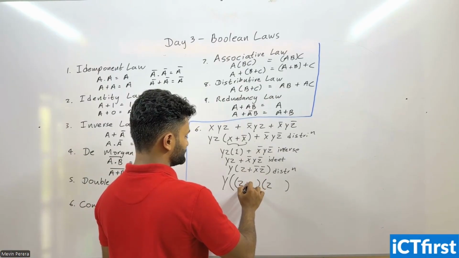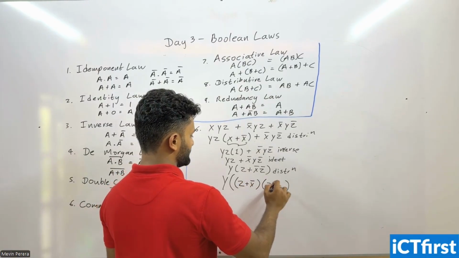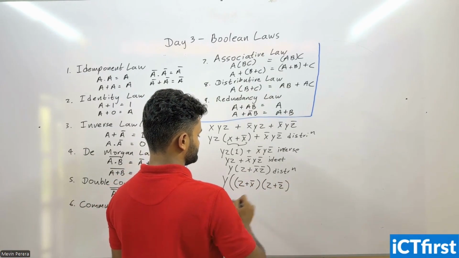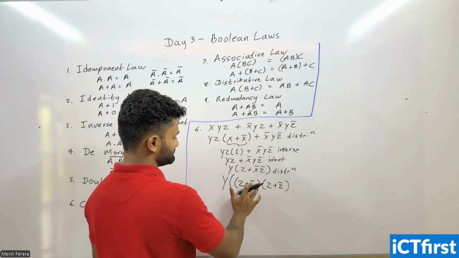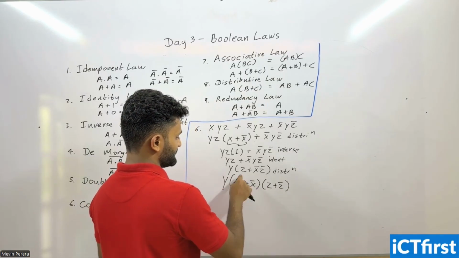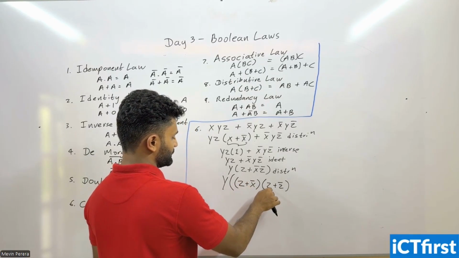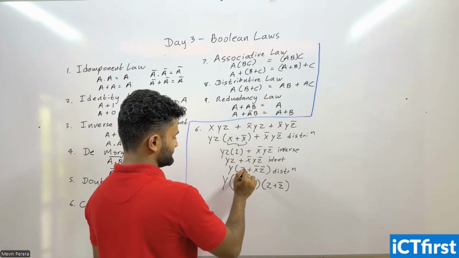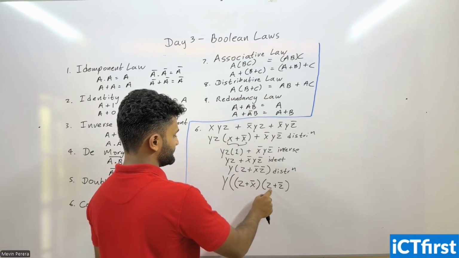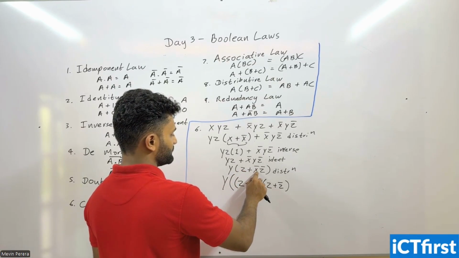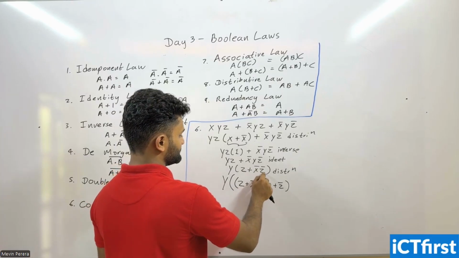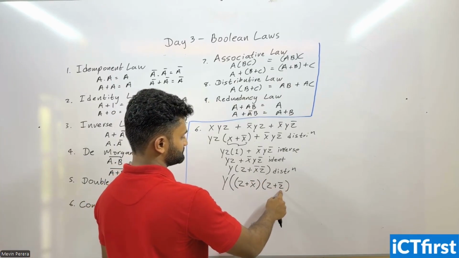Then give one to this side and the other to the other side. The one which is single, we are writing on both sides. And then take one to this side and take the other one to the other side.